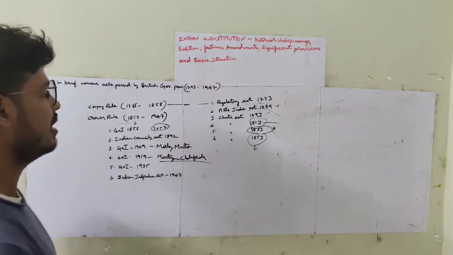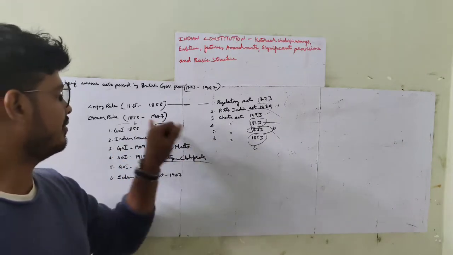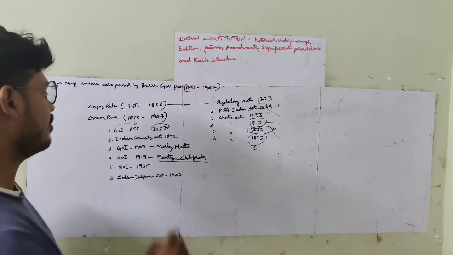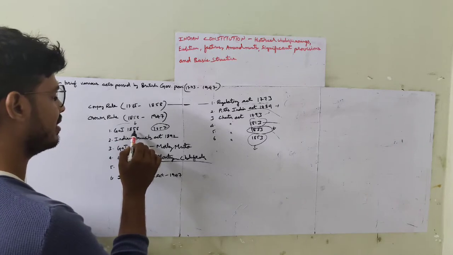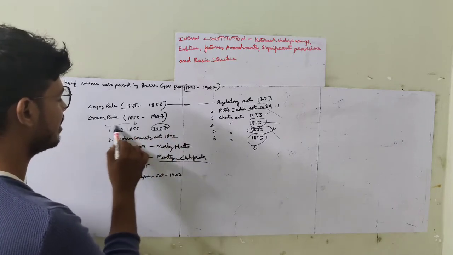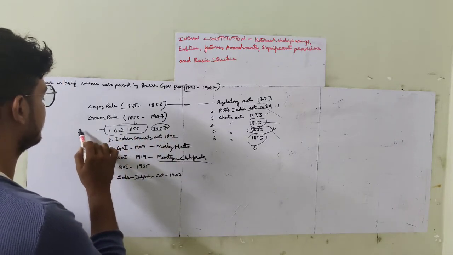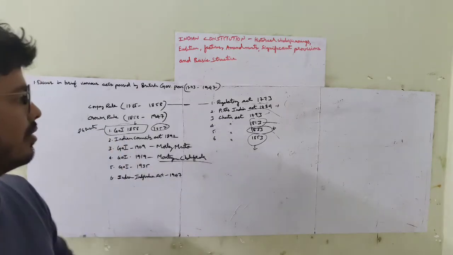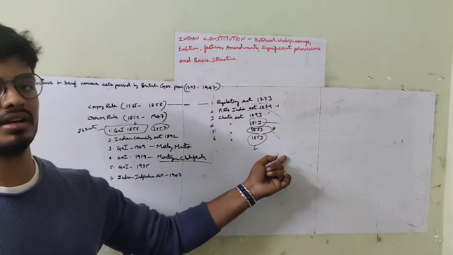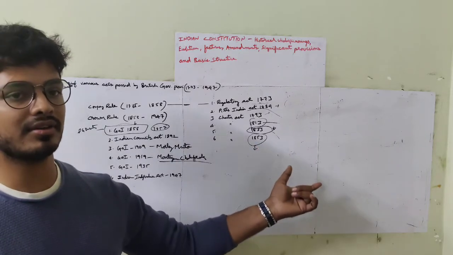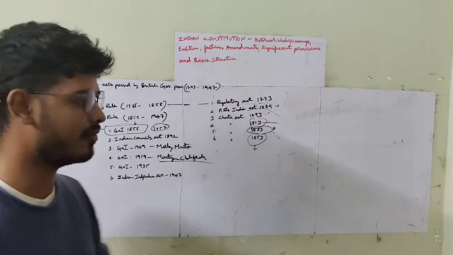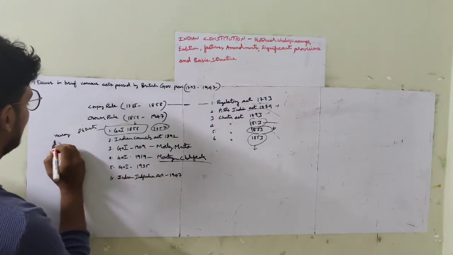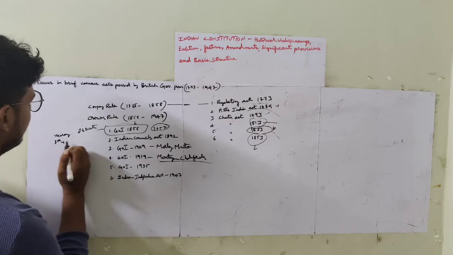Okay, till 1853 or 1858, East India Company used to rule on behalf of the British. Now from the Government of India Act 1858, the British government directly took control. Okay, the British government directly took control. Now the Governor General was abolished, and in place of him, a new post was created. His name was Viceroy of India, and the first Viceroy of India is Lord Canning.